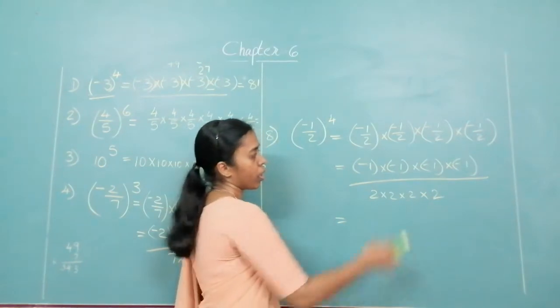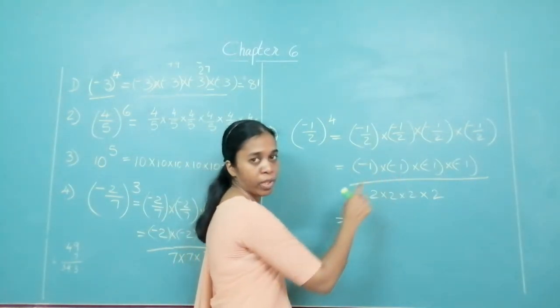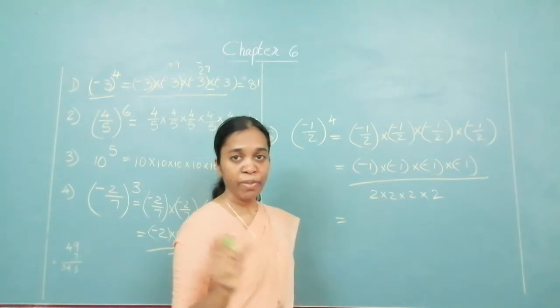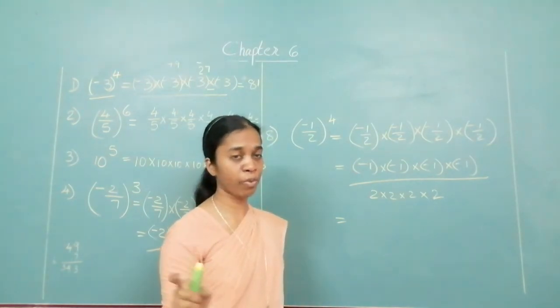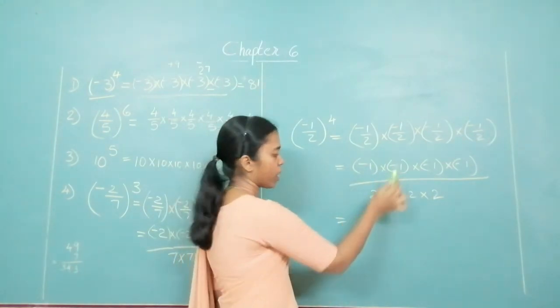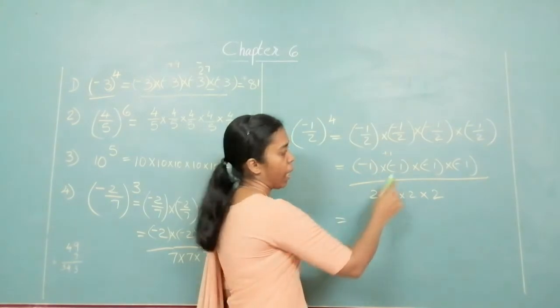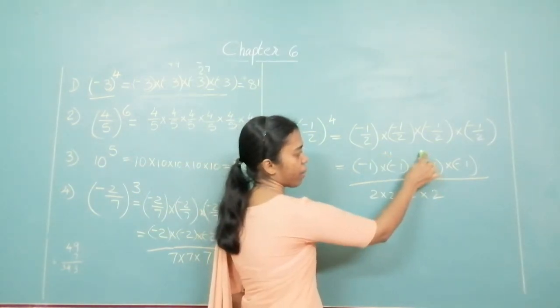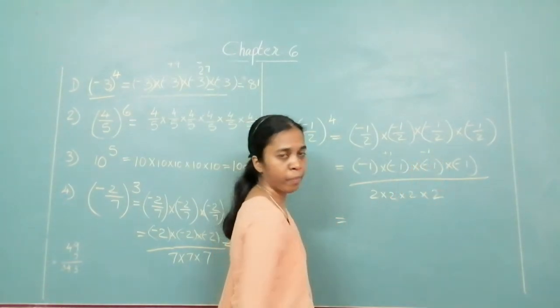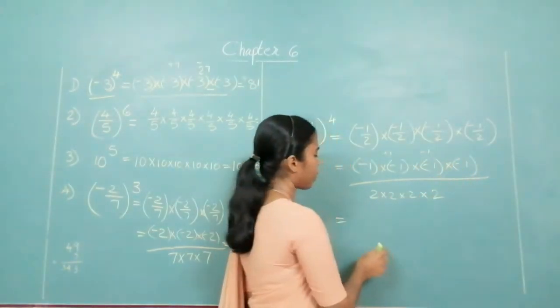Okay, now take two digits at a time. Minus 1 multiplied by minus 1. When you multiply, if the signs are same, it will be a positive number. So minus into minus becomes plus. So you are getting plus 1. Plus 1 multiplied by minus, so plus into minus again becomes minus 1. Minus 1 into minus 1, minus into minus becomes plus.